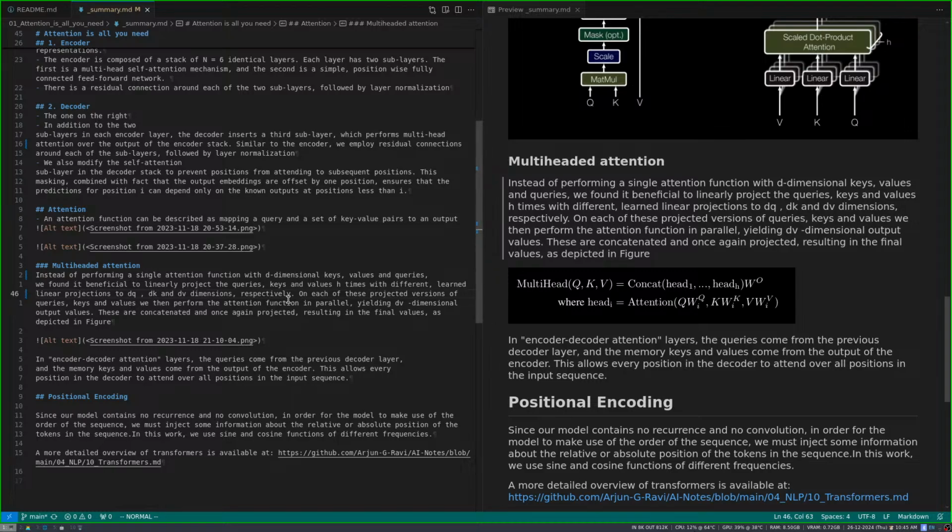Each of these projected versions of QKV performs the attention function in parallel. These are concatenated and once again projected, resulting in the final values as depicted in the figure.